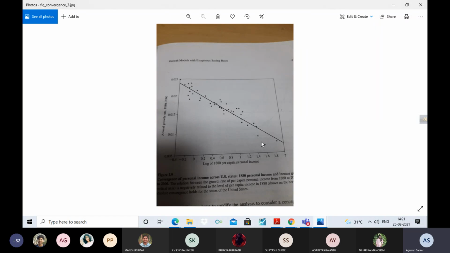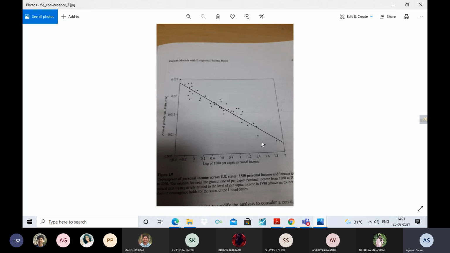So if we drop that assumption, we are assuming that economies do not have the same steady state position. If the steady states differ, we might have to modify the analysis to consider the concept of conditional convergence, right?